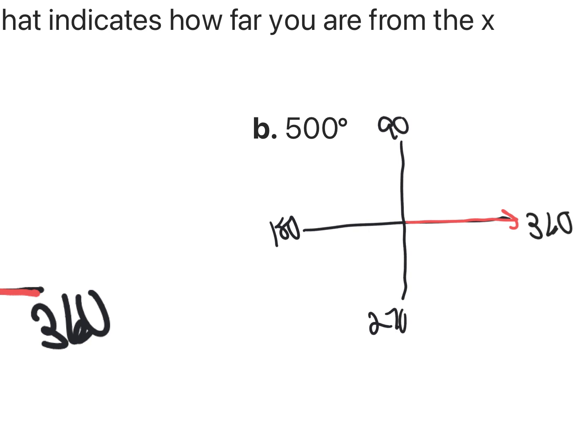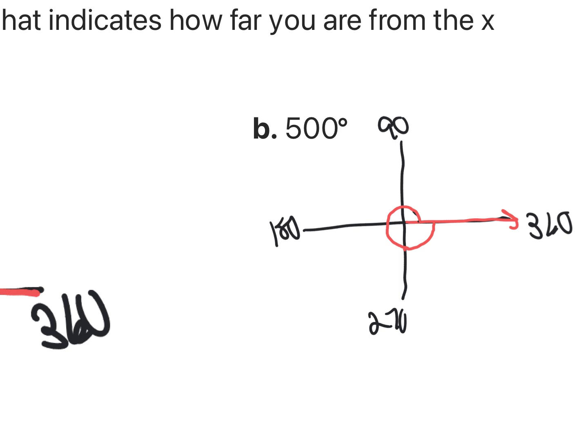Well, we have 500 degrees, which means I'm going, here's 90, 180, 270. I'm kind of making what looks almost like a snail shell as it starts to roll out a little bit. So here I am, I'm keeping on going. Here I am at 360. I've pretty much gone all the way around the circle. A full circle is 360 degrees.